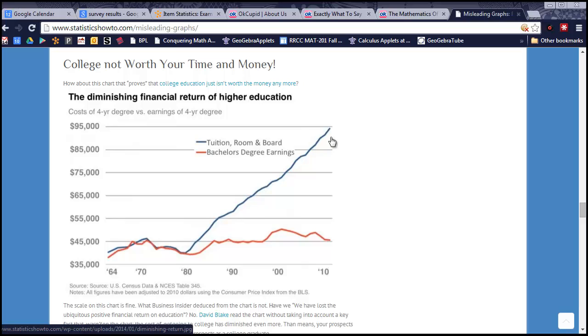So the fact that this is higher is not necessarily saying that it isn't worth paying. It just means that it's going to take more than 1 or 2 years to even out the difference. The other problem with this chart is that it doesn't make any mention of earnings without a 4-year degree, so it's hard to determine based on the salary whether this is going to be good or not.